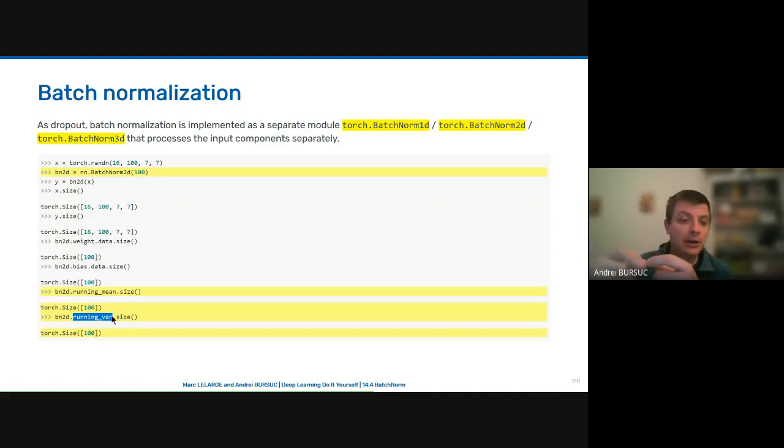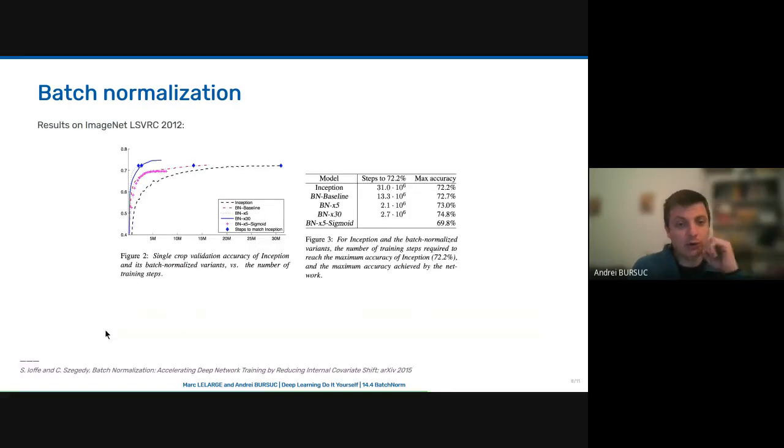We have an exponential moving average: a value that's historically the mean, and then we do a linear combination with the current value from the current mini batch, updating it gradually, so it slowly moves, following the most recent statistics from our mini batch. Again, the mean and the variance are of size 100, meaning we have one per feature map.